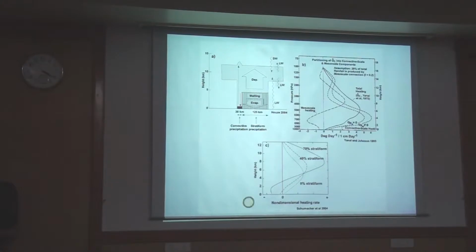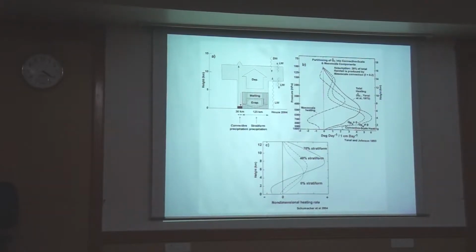This is more idealized here. If there's no stratiform rain, your profile looks like this. The more stratiform rain you add to your convection, i.e. the bigger the anvils, the more organized the convection is, the more this net profile shifts to higher levels. So you can see one thing that happens from adding this shape profile to this bow shape profile is that the peak of the heating moves up, right?